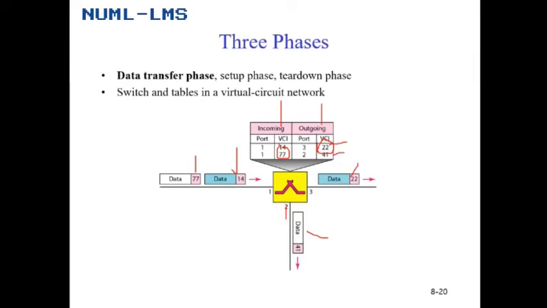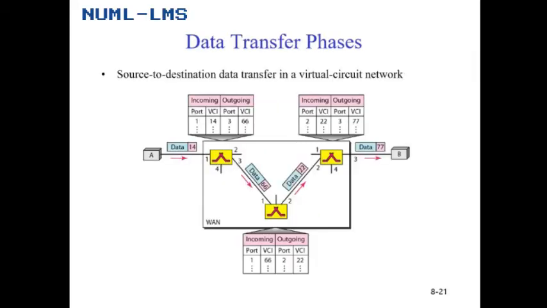Similarly, it shows that the frame from source A reaches destination B and how its VCI changes during the trip. So you see here, if we are sending data with VCI 14, it reaches the switch, which looks up the table, changes the VCI, and forwards to the next switch.